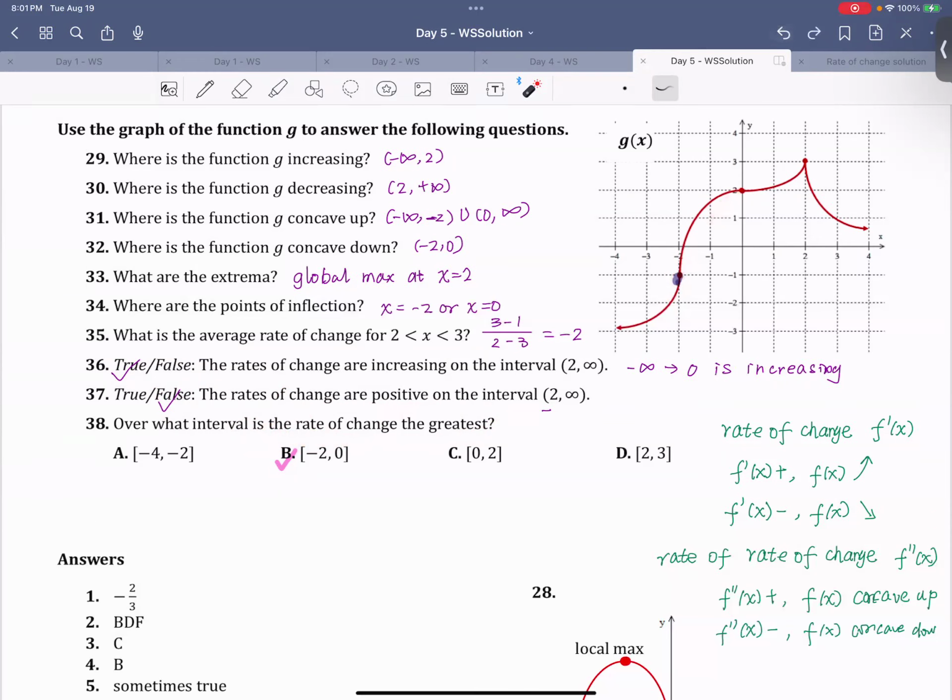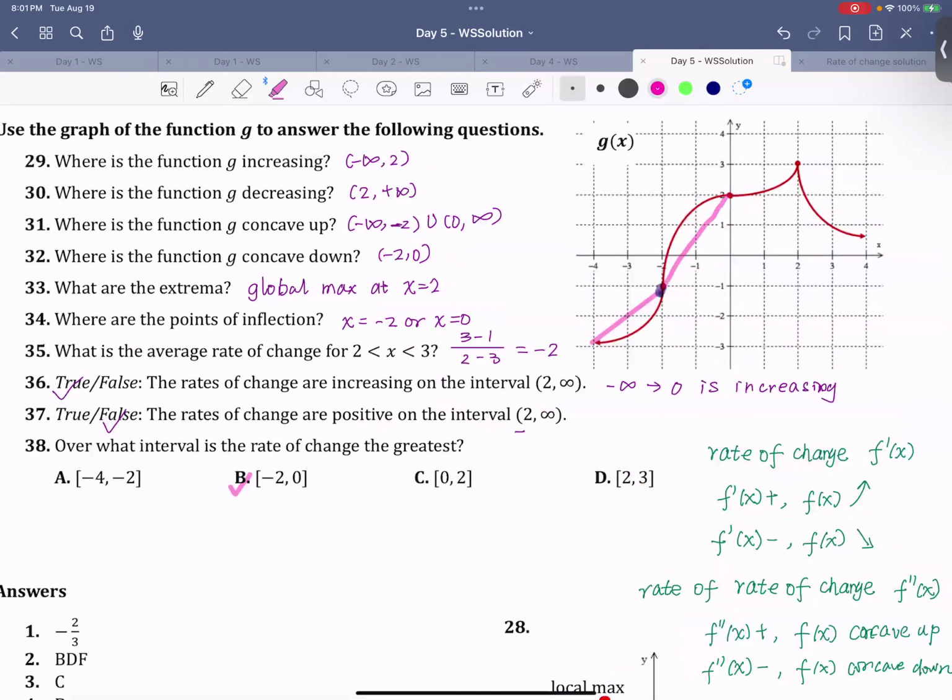That's why the last step here is basically asking you this: from -4 to -2, you draw this line and calculate this pink line's slope, and then that one and that one. They ask you which slope is the highest. This has the highest slope. That's why you choose B.